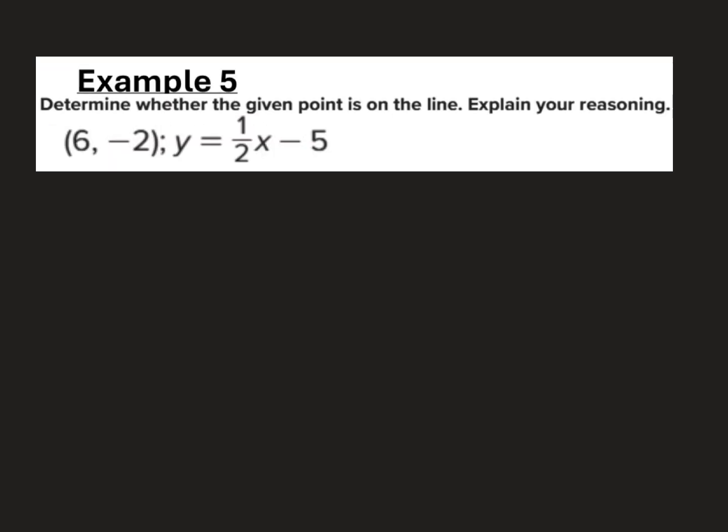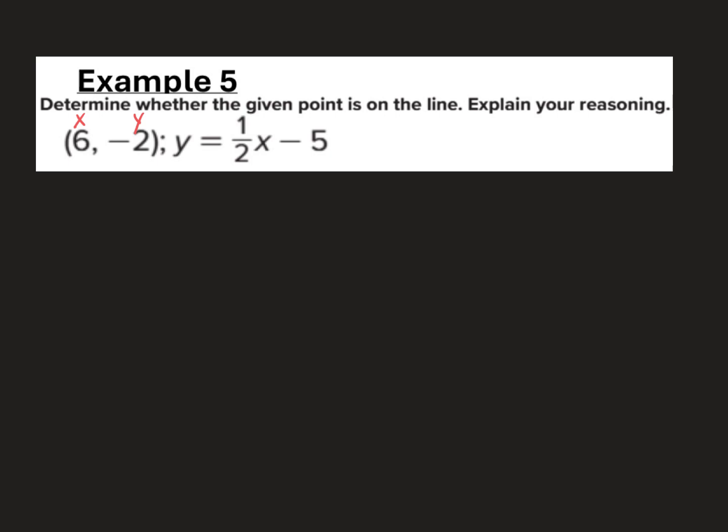For the next one, determine whether the given point is on the line. Wonder how we could do that. How could we figure out if the point 6, -2 is on that line y equals 1/2 x minus 5? So hopefully, if you thought about it, you decided that you should substitute this in for x and this in for y and see if it makes a true statement.